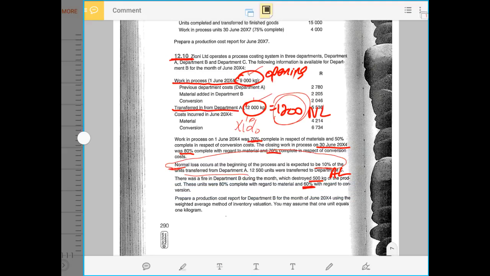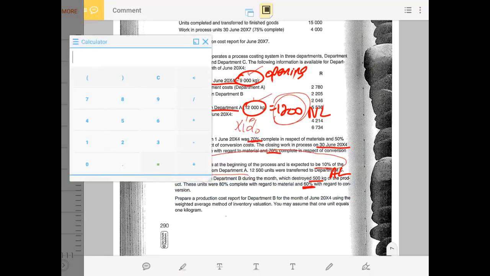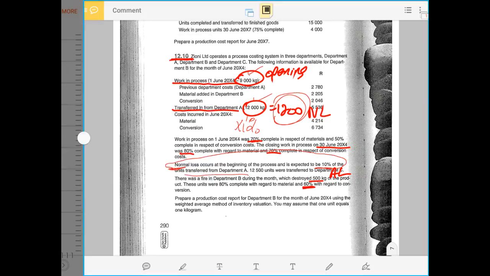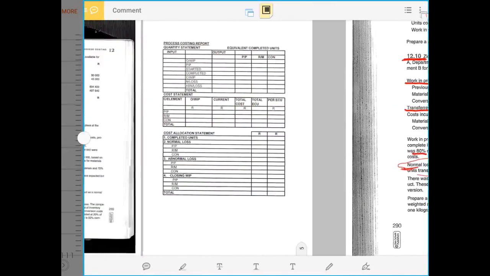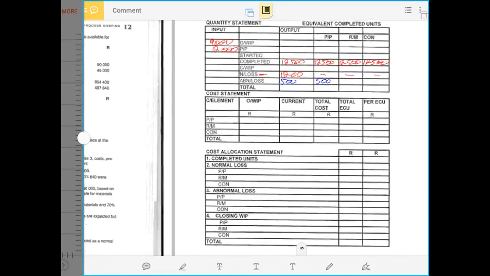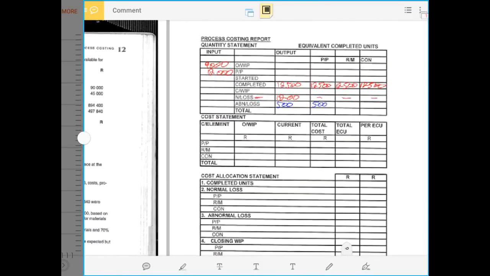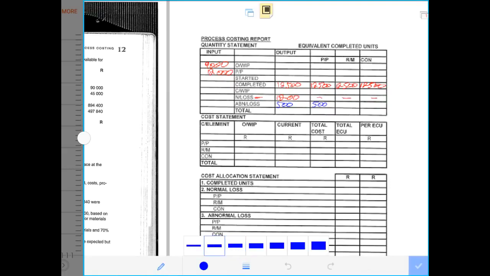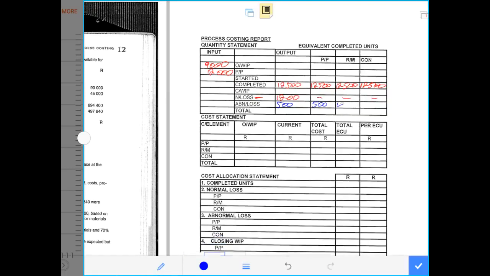So we'll say 500 units times by 0.8, which is 80%, that will give us 400 of the abnormal loss that must be allocated to the raw material. Therefore, under the raw material column, we allocate only 400, which is 80%, because the raw material was 80% complete with regard to this product.